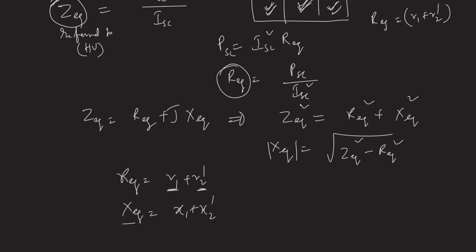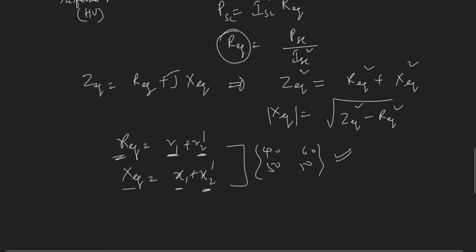Together we got the value, but we don't know which value is which. So if the problem mentions some ratio, primary side 40, 60, like that, or if 50, 50, then accordingly you divide these values among R1 and R2 dash, and X1 and X2 dash. Normally this ratio is mentioned.